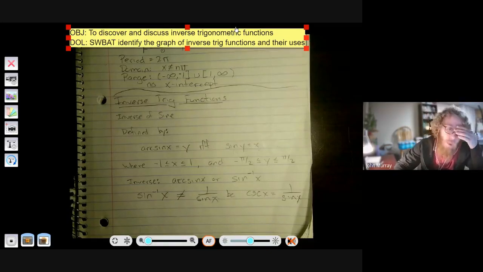Okay, so how to use this, when we use this, there's a few ways.